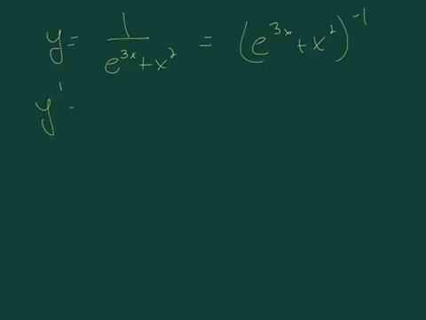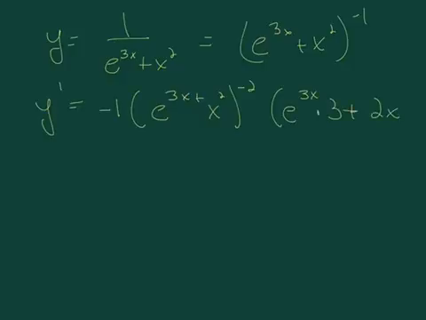That's going to be a pretty quick way to do it, and because this video is probably getting long, I'm going to do it that way. So my outside is going to be negative 1 times (e to the 3x plus x squared) raised to the negative 2, times the derivative of the inside, which is e to the 3x times 3 plus 2x. So that again is just the chain rule.